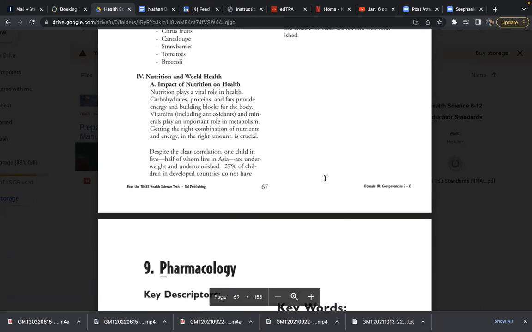Make sure you always look at the world impacts, because they always want to make a connection to how all of these different aspects of vitamins and nutrition matter. Who cares? What is the point? Well, it has a larger implication for our communities, from the city we live in, the state, the country, and then the world we occupy.